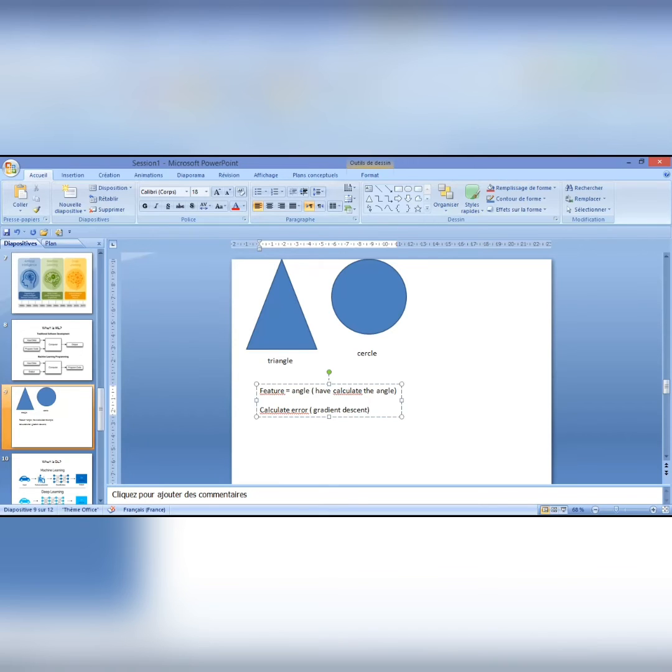So what is it, gradient descent? It is a kind of function. You will see more details in other workshops. It is a kind of function to calculate the error between the generated result and what it has to be, the actual or original result. There is always the original one, y, and your generated result.